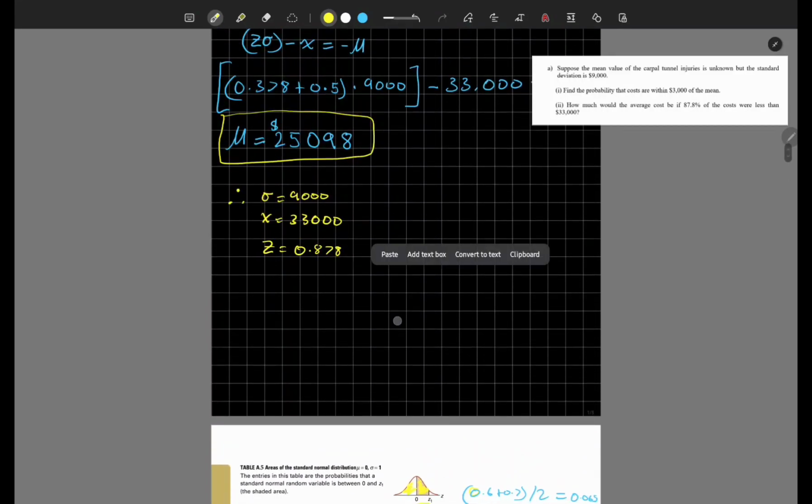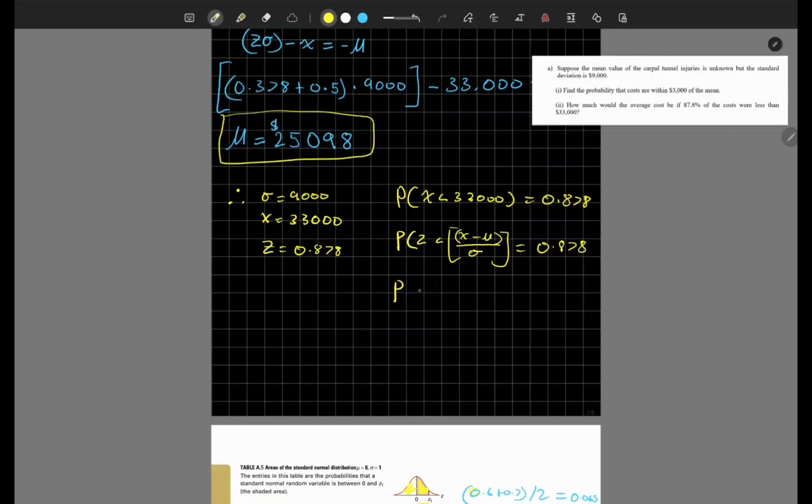But if you're given these, and you want the probability that X is less than 33,000 equals 0.878, you can rearrange everything to have P of Z is less than X minus mu over sigma equals 0.878.